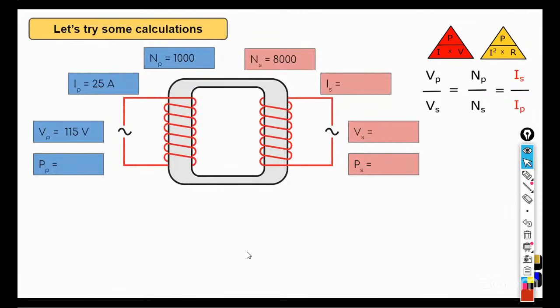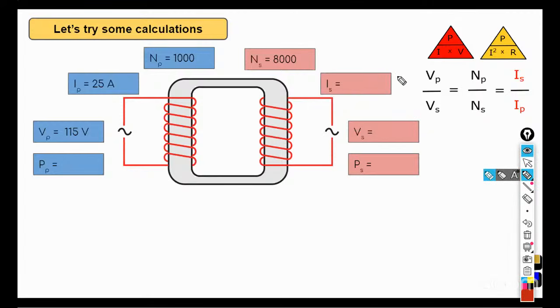By now, provided that I did a little bit of revision, the left-hand side in this case is the primary side, and the right-hand side is the secondary side. So what you want to do in this particular case is find all the missing values.